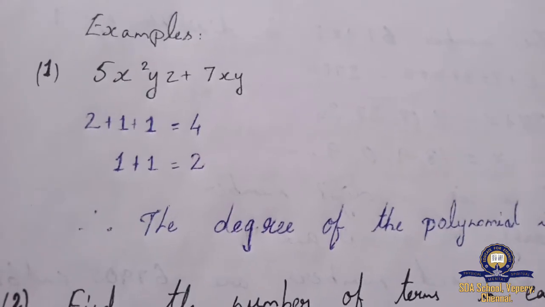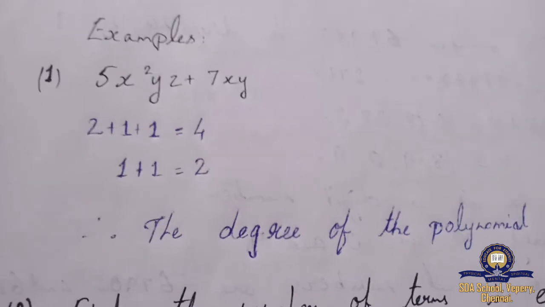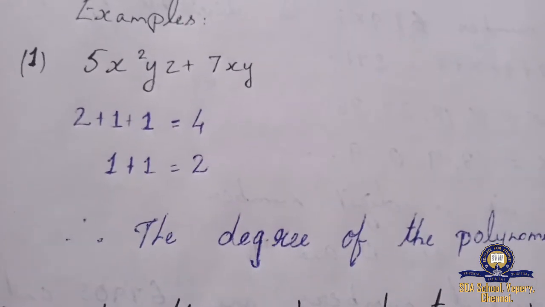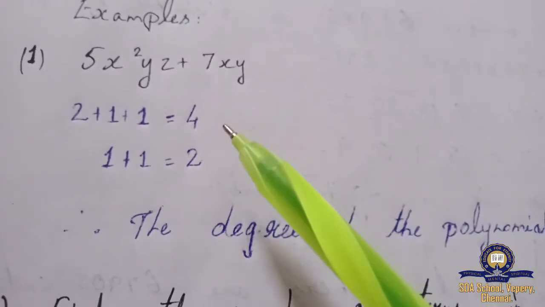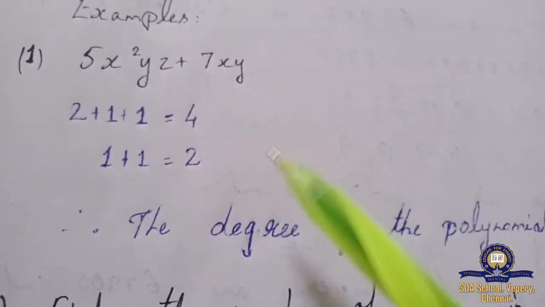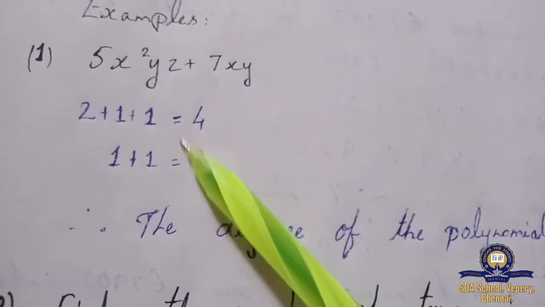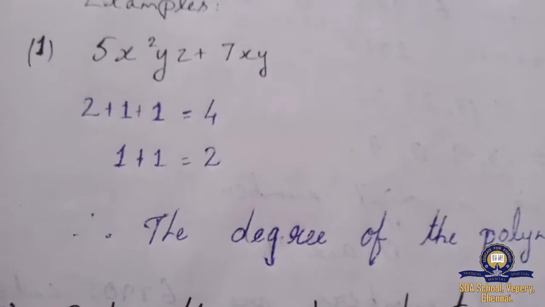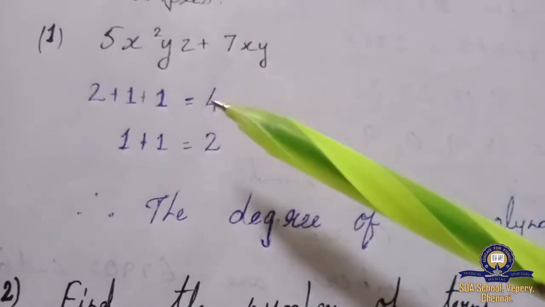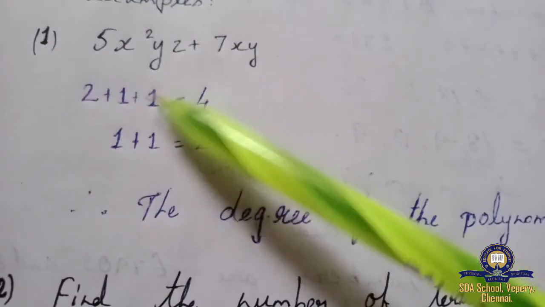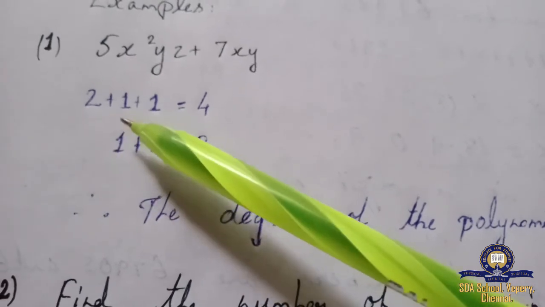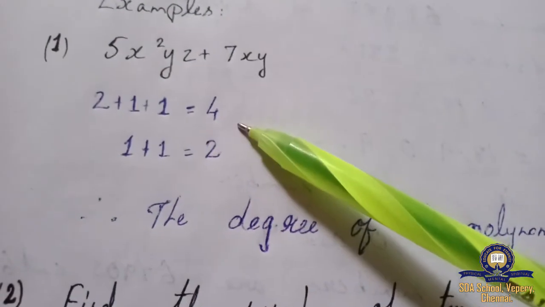Now we are going to see an example. In this question, they have given 5x square yz plus 7xy. From this, x has power 2, y has 1 and z has 1. So the degree is 2 plus 1 plus 1, so we get 4.